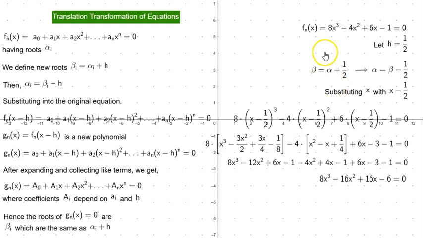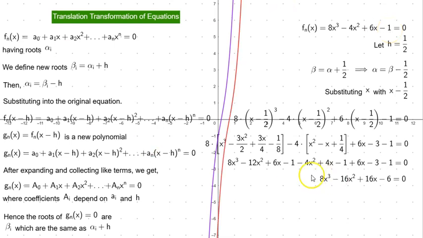Now let's look at the graphs of these two expressions. This graph is for the expression 8x cubed minus 4x squared plus 6x minus 1. And the graph of 8x cubed minus 16x squared plus 16x minus 6 is this graph, the red one. As you can see, the graph has moved towards the right.